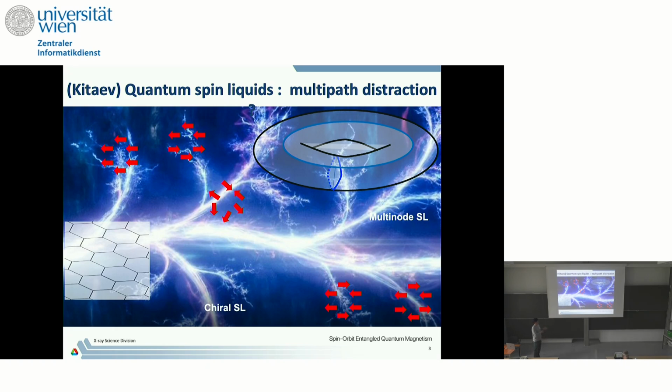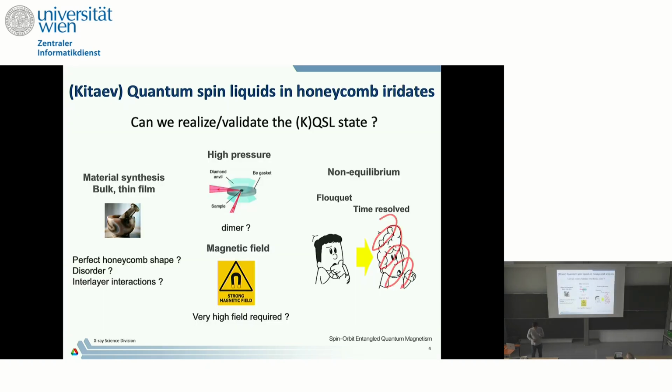We are somewhere here, so my question is: can we realize and validate the Kitaev model, or maybe this system is not Kitaev and is some kind of quantum spin liquid or something else?